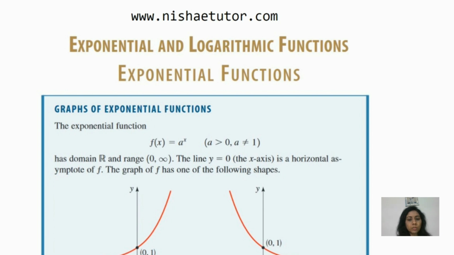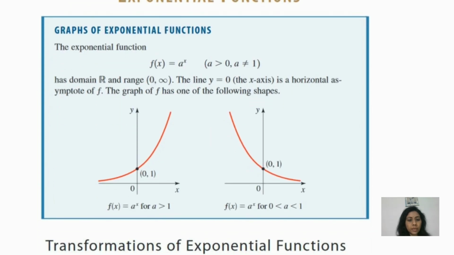The line y = 0, or we can say the x-axis, is a horizontal asymptote of f. The graph of f has one of the following shapes. If a is greater than 1, the graph looks like this, and if a is between 0 and 1, the graph looks like this, with y-intercept at (0, 1).